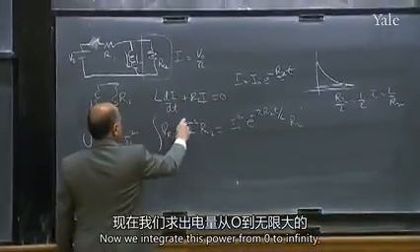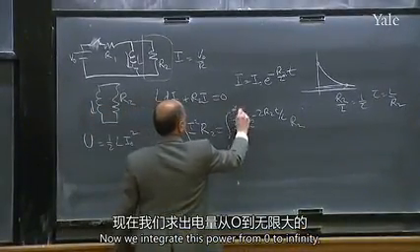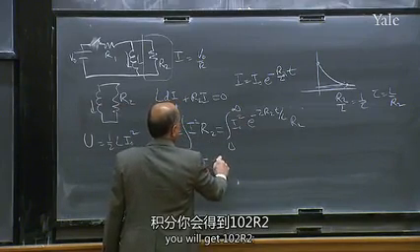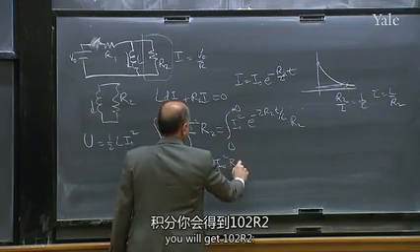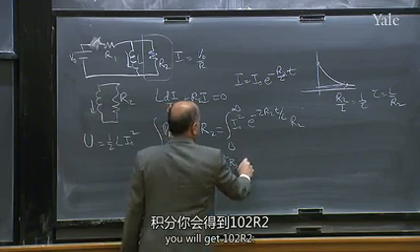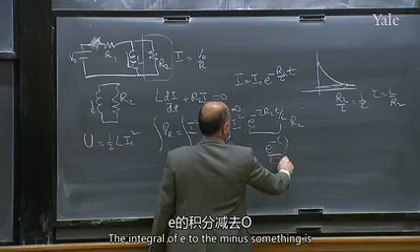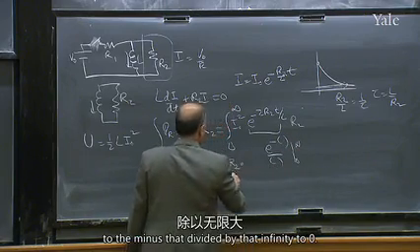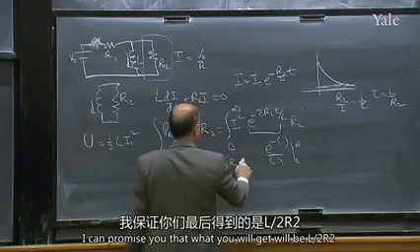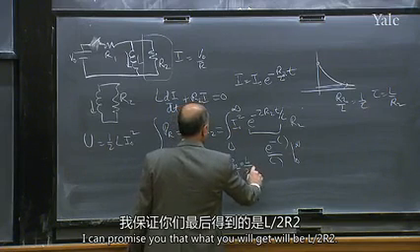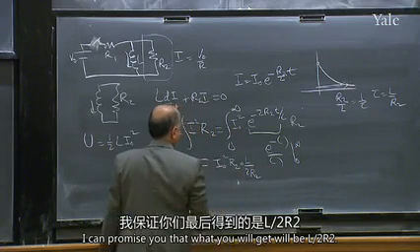Now we integrate this power from 0 to infinity. You will get I0 squared R2. The integral of e to the minus something is e to the minus that divided by that, from infinity to 0. I can promise you that what you will get will be L over 2 R2.